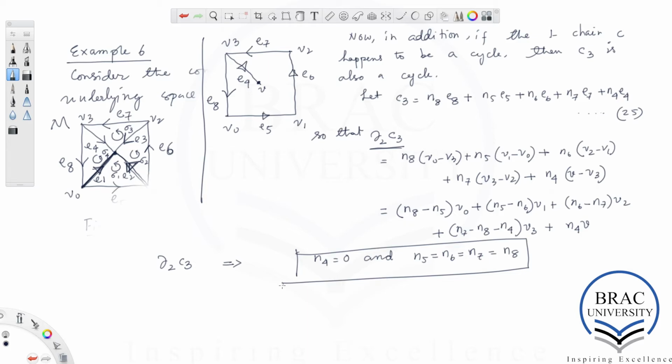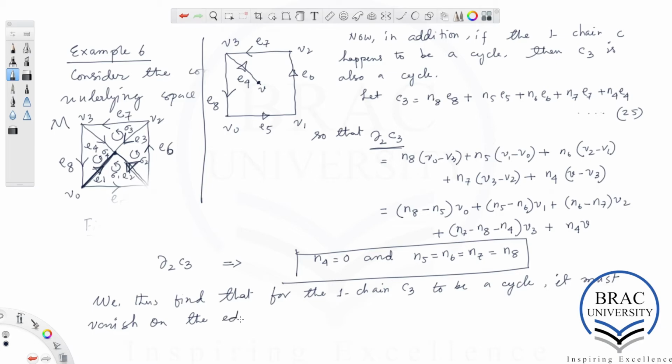We thus find that for the one chain C3 to be a cycle, it must vanish on the edge E4.